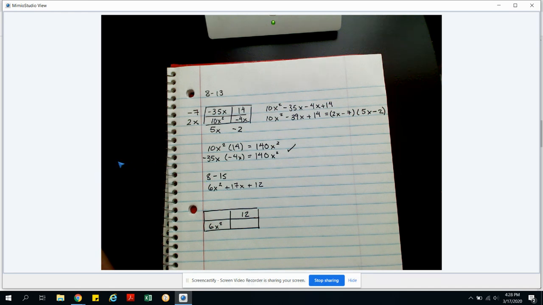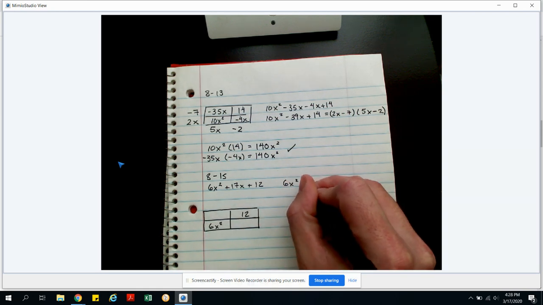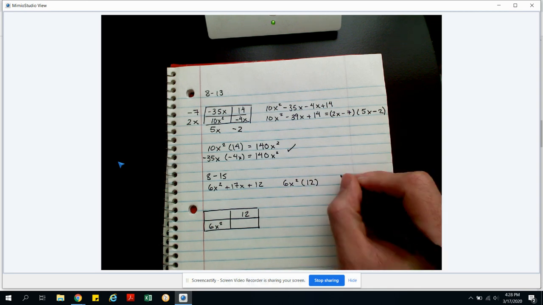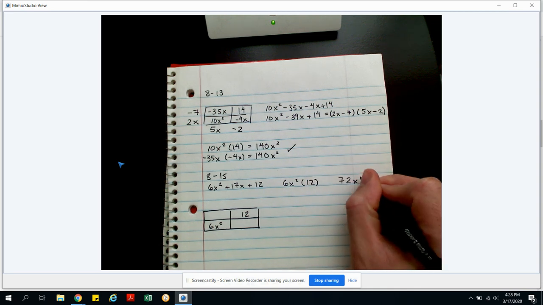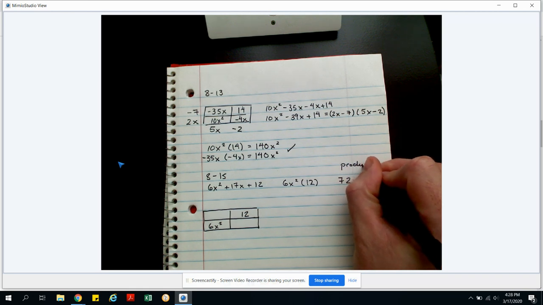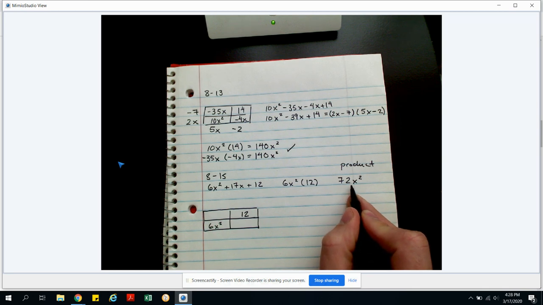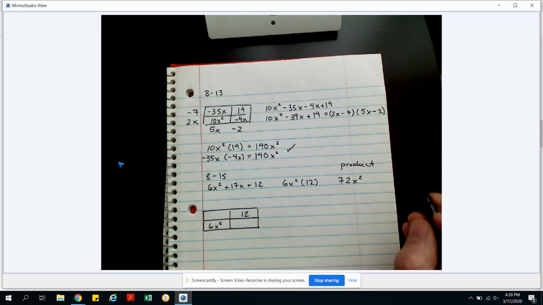So over here on this bottom problem, I'm going to multiply 6x squared times 12. That's going to give me 72x squared. This is my product. So whatever I put in these two boxes has to have a product of 72x squared.